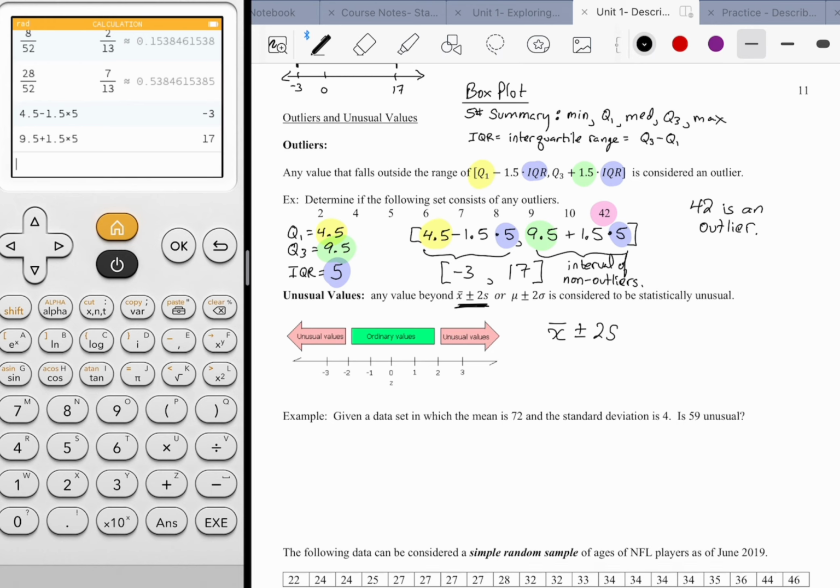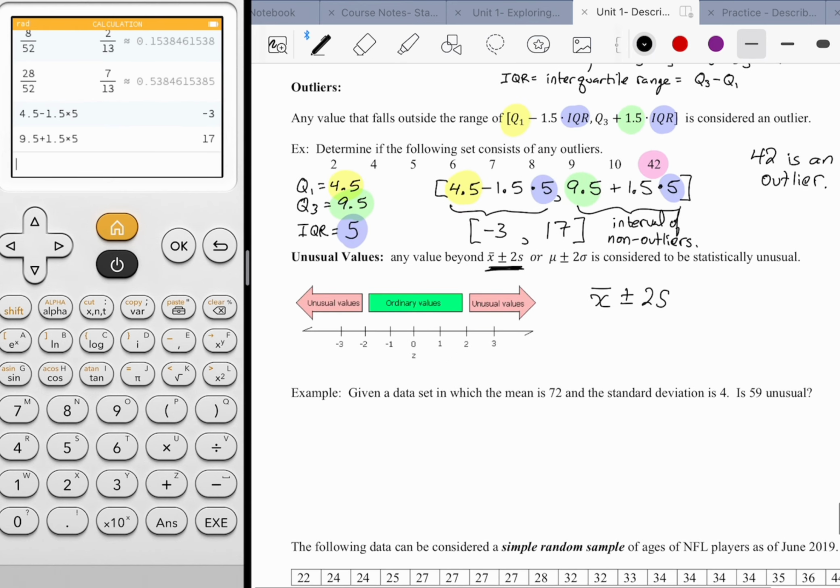I'm pretty much doing the same thing that I did for outliers, just different substituted values. So this expands to x bar minus 2s, comma, x bar plus 2s. This is the interval of usual values.